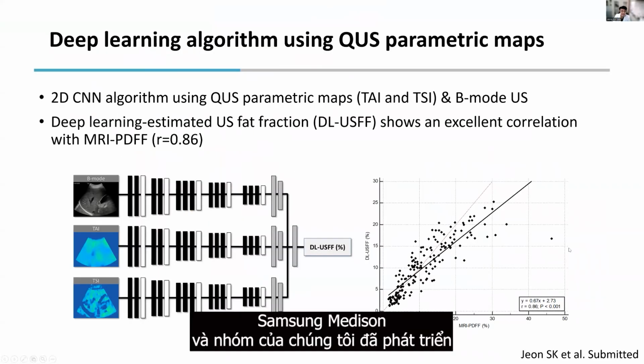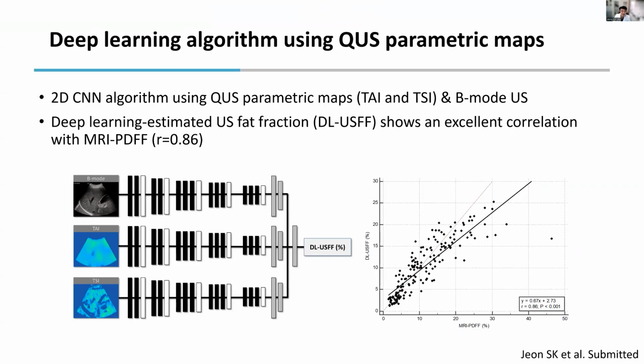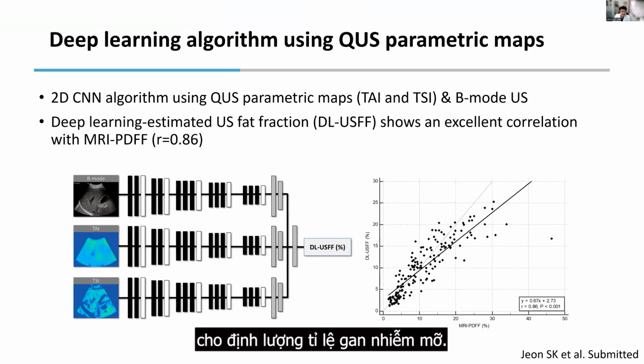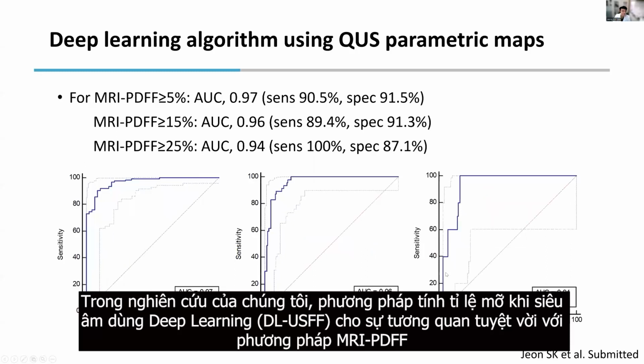Samsung Medicine and our team developed a two-dimensional convolutional neural network using B-mode images and parametric maps of TAI and TSI for hepatic fat fraction quantification. In our study, deep learning estimated ultrasound fat fraction showed an excellent correlation with MR-PDFF.